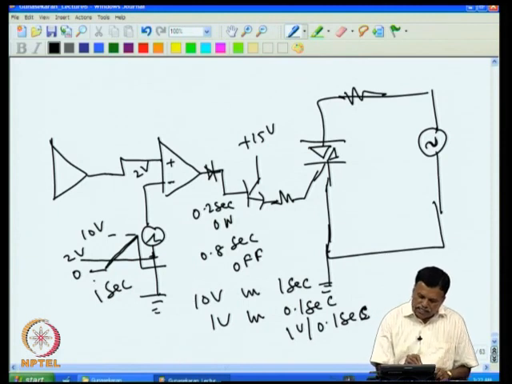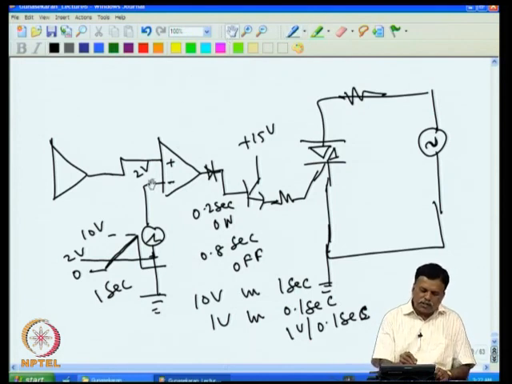So this rises at the rate of 1 volt per 0.1 second. That means to reach 2 volt it needs 0.2 second. So after 0.2 second only the sawtooth will reach 2 volt.